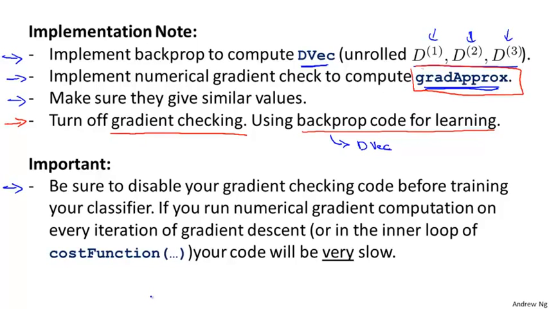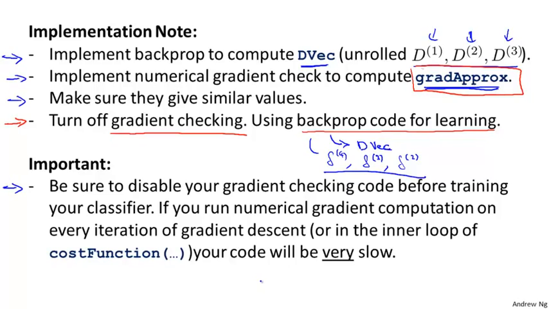Concretely, if you were to run numerical gradient checking on every single iteration of gradient descent, or in the inner loop of your cost function, then your code would be very slow, because the numerical gradient checking code is much slower than the backpropagation method, where you remember we were computing delta 4, delta 3, delta 2, and so on. That was the backpropagation algorithm, a much faster way to compute derivatives than gradient checking. So once you verify the implementation of backpropagation is correct, make sure you disable your gradient checking code while you're training your algorithm, or else your code could run very slowly.